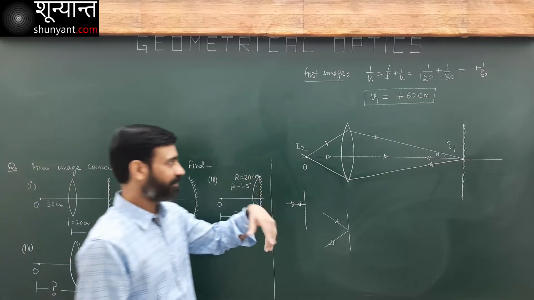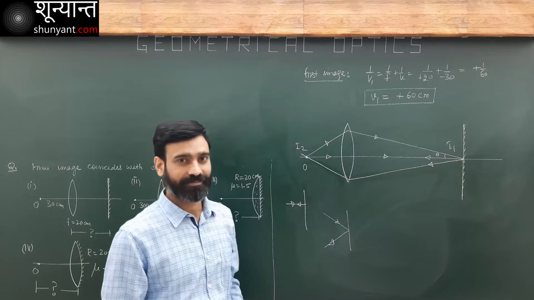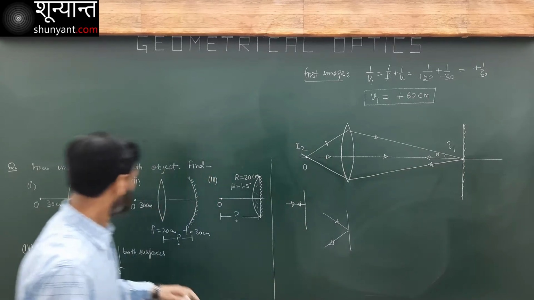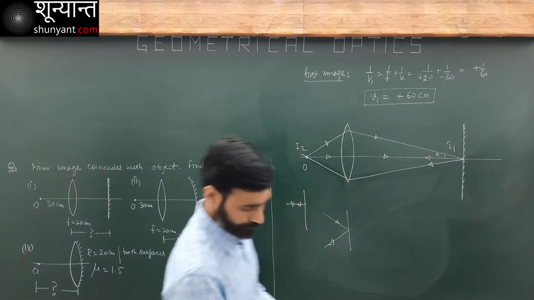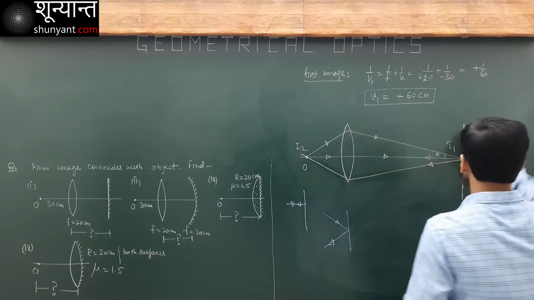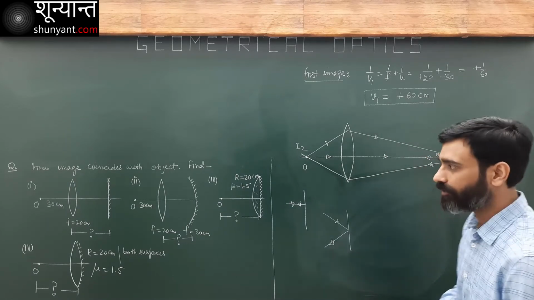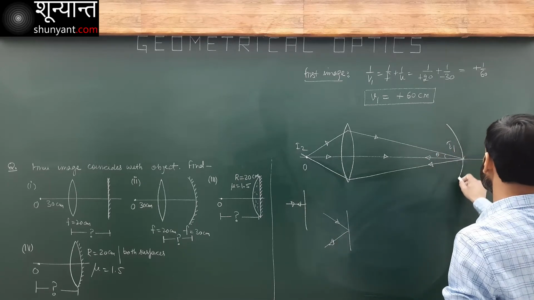So finally the light is reflected and reaches back to the object. Final image coincides with object. In the second case, I can do exactly the same thing.